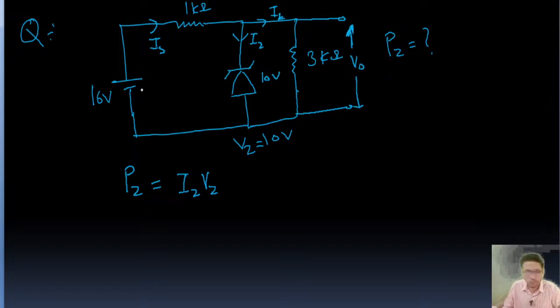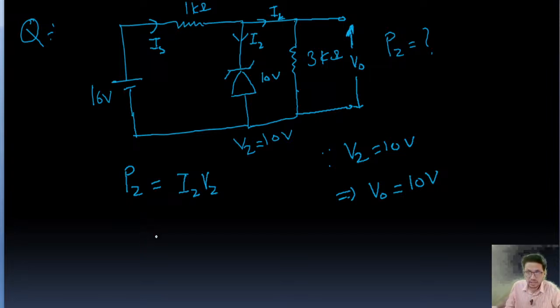This is an important one. So we can write, since VZ is 10 volt, it implies the output voltage, that is V naught, is also 10 volt, because they are in parallel, right? This is what we know. So now we will find this IS first.